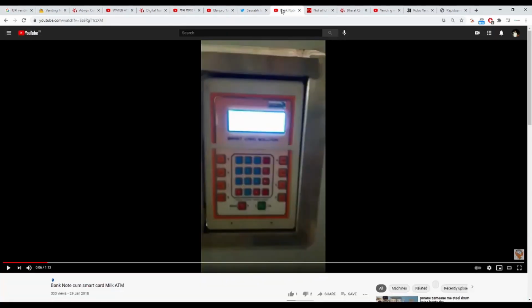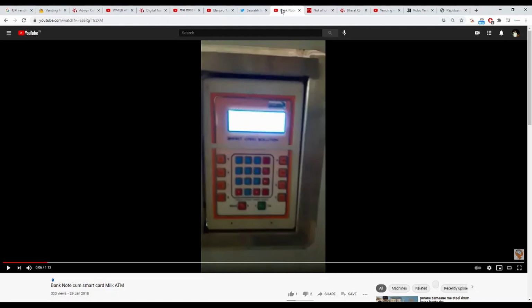So this is a milk ATM kind of system I was looking at. Look at the kind of complexity they have implemented, so many buttons. Even I have to watch this video 3 or 4 times to understand how this system works. Forget about the common man who just wants to go and dispense 1 liter of milk. They have over engineered it.